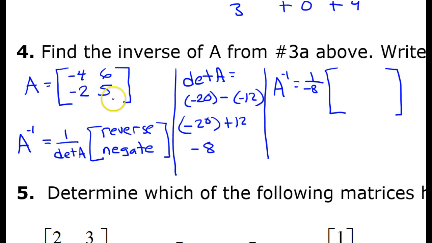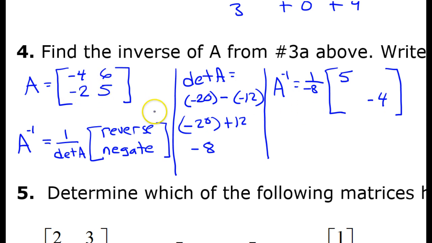I'm still looking at the down diagonal and the up diagonal. I'm going to reverse the down diagonal and negate the up diagonal. Reversing the down diagonal means switching these two entries, so I'm going to have 5 and -4. That's what I mean by reverse. Now I'm going to negate the up diagonal, which just means change the signs.